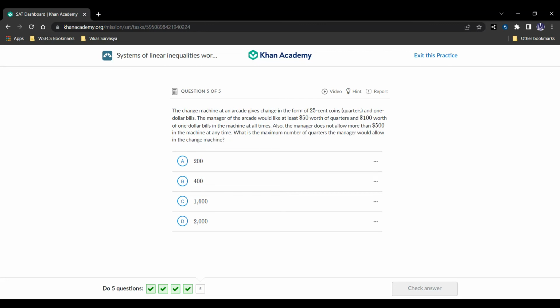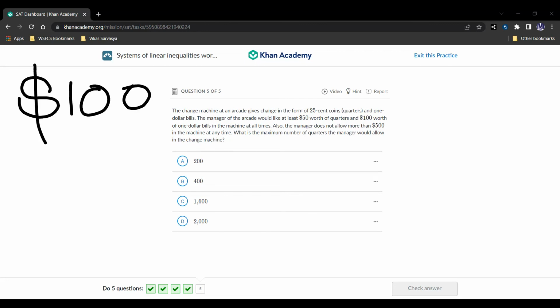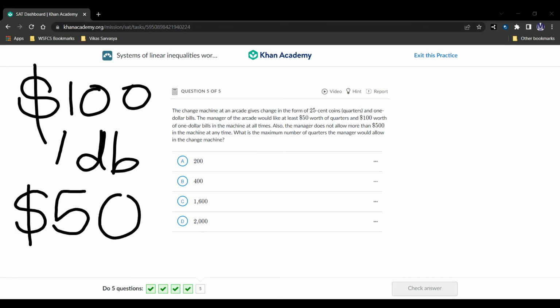Well, there has to be at least $100 of $1 bills. And there has to be at least $50 worth of quarters. $50 in quarters.